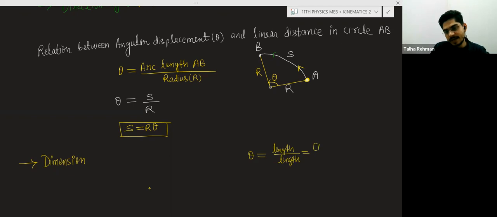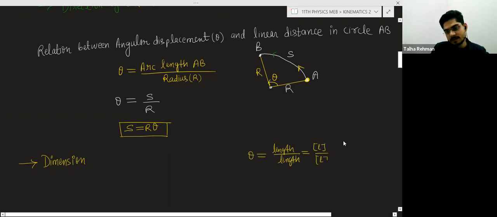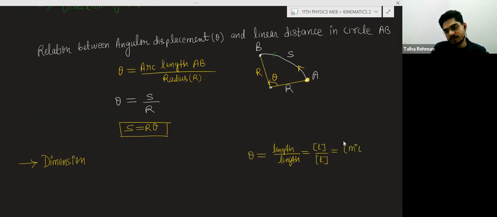So this will be L upon L, and basically there will be no dimension. M0 L0 T0. So this theta is dimensionless.